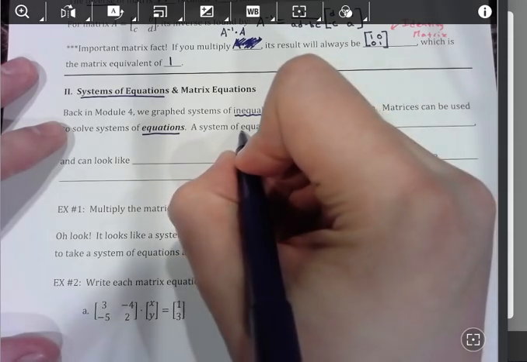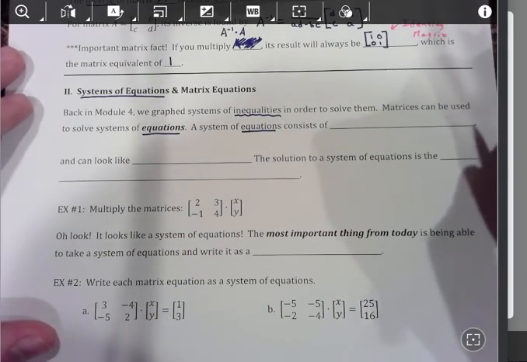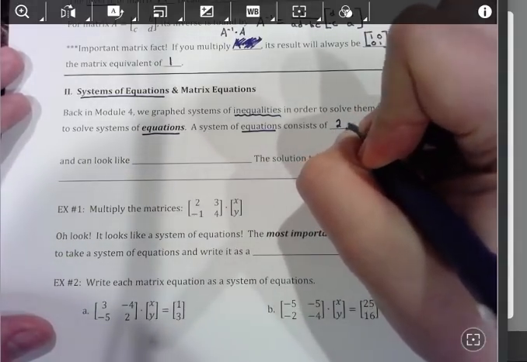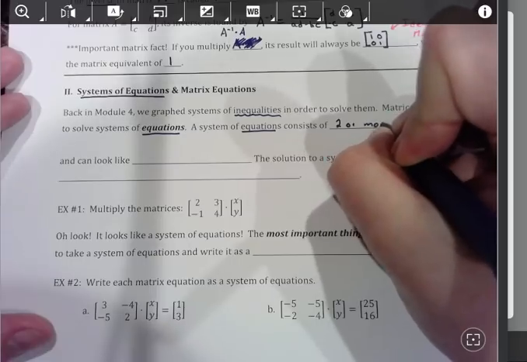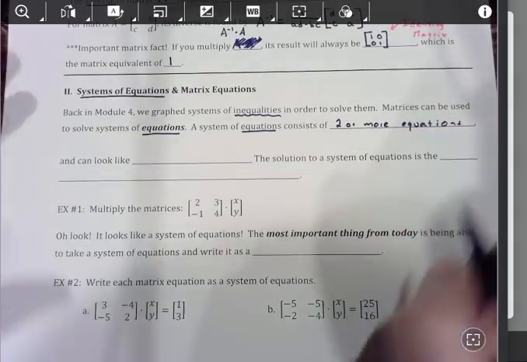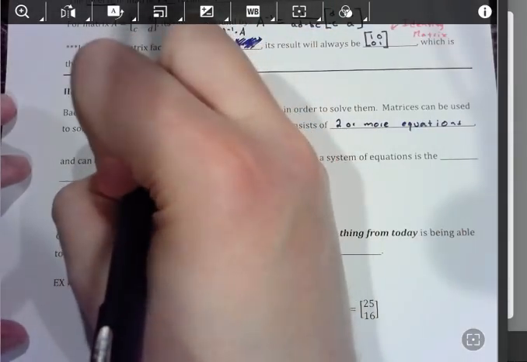So a system of equations consists of at least 2 equations, or I should say 2 or more equations. And it can just look like, I'm just going to make up random equations here.